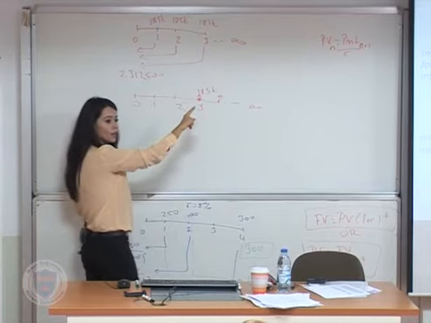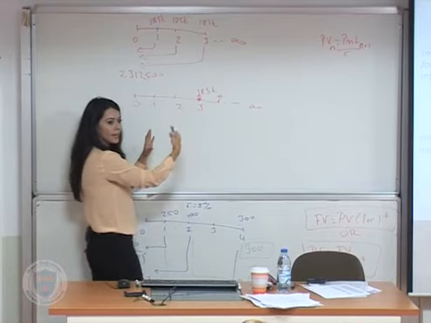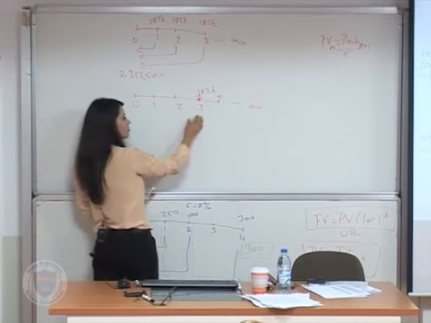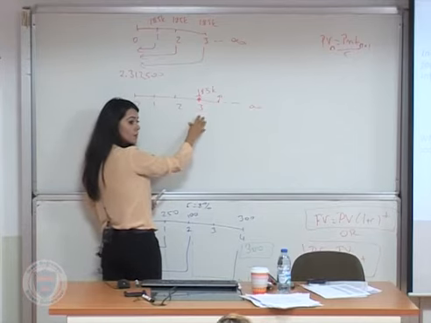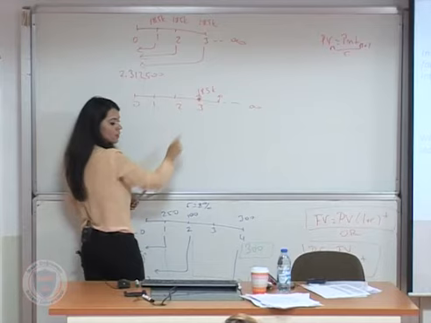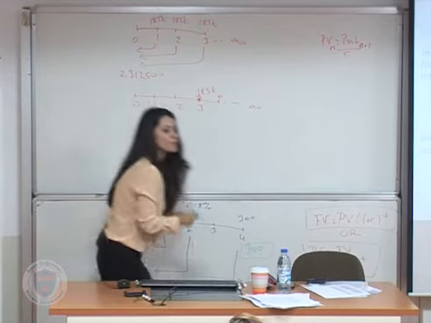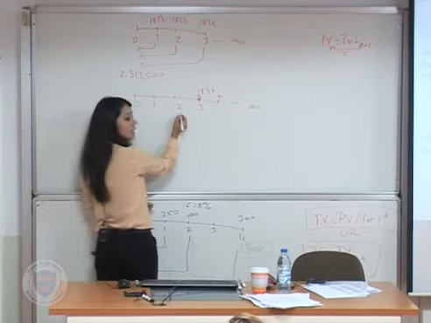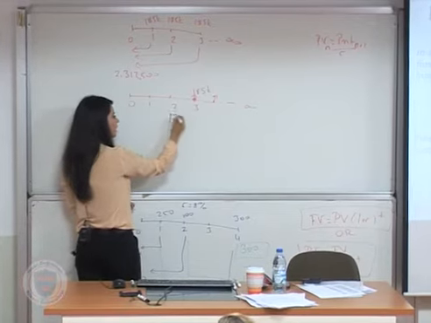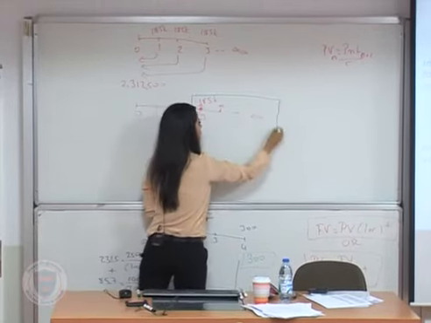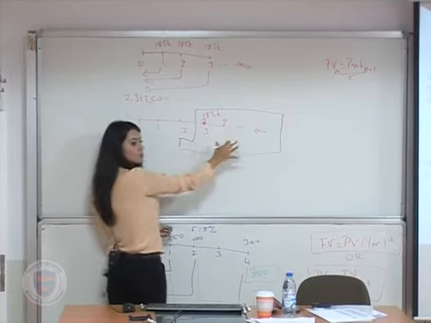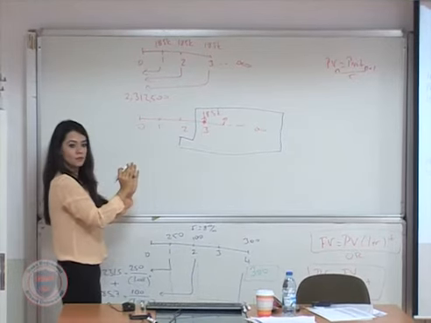According to the formula, there is a 1-year delay. What does it mean? If your first payment is at time 3, then this formula will give you the value of this perpetuity at time 2. So you're here, and this formula will give you the value of all the future cash flows ahead of you.